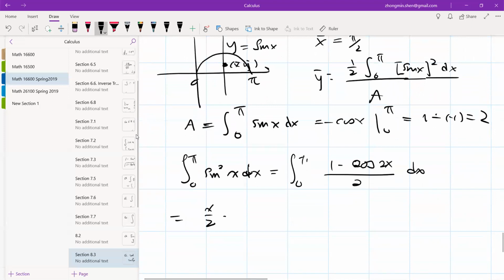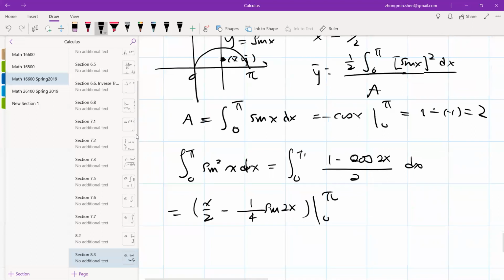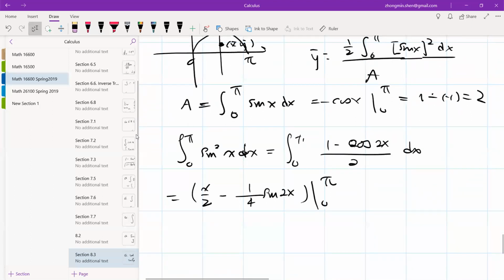The next one is minus 1/4 sine 2x. Okay. Right now, plug pi in for x. I think you just get half pi.